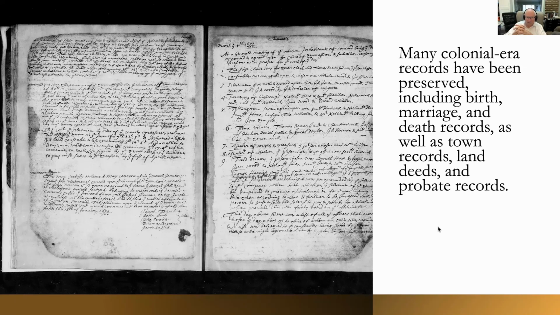The first question that always comes up is, is there an index? And the answer is, not too many. I haven't ever run across an index of the town records. What you have to do is start at the time period you're looking for. It makes sense to read them from front to back, but you could go backwards in them too. They're in chronological order, and you're going to end up reading the whole thing.